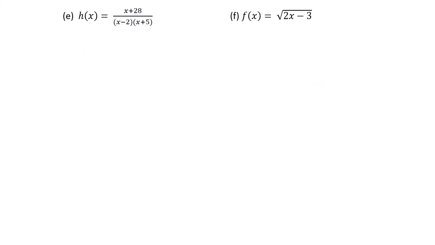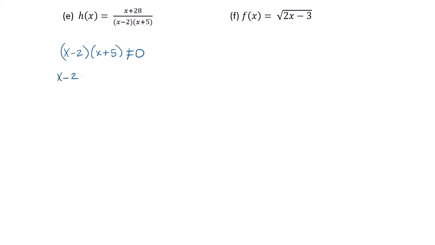Our next problem with the same directions to find the domain, we have h of x equals x plus 28 over x minus 2 times x plus 5. And I know my restriction is that x minus 2 times x plus 5 cannot equal 0. We don't want division by 0.